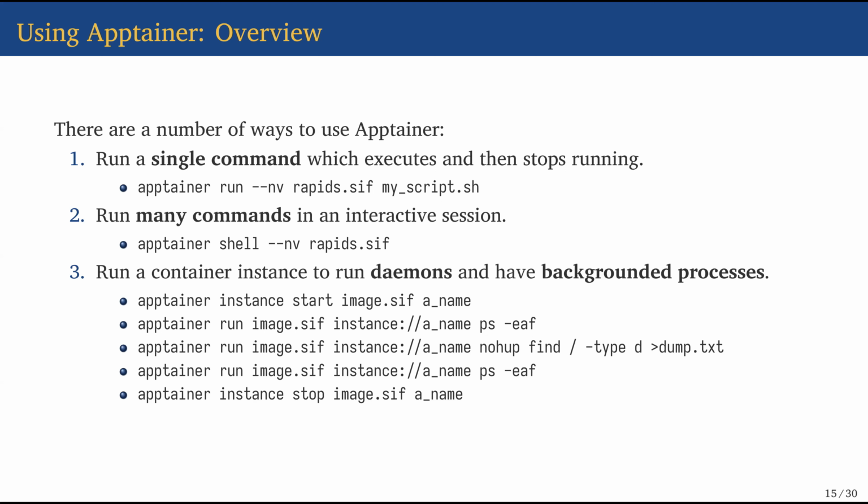The way you do it is you go apptainer instance start, and then you say what your SIF file is, and then you give it a name, whatever name you want. Then you can use apptainer run after that, and you say instance:// and the name each time, and that means it'll reuse the same instance that's running. You can run commands, and they can just run and quit, or you can have commands that run in the background.